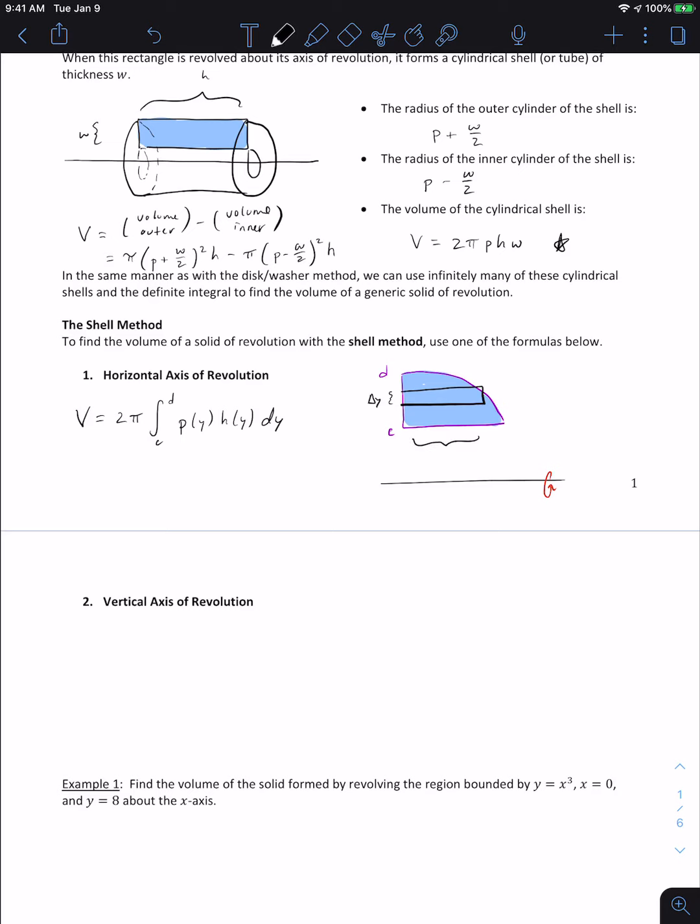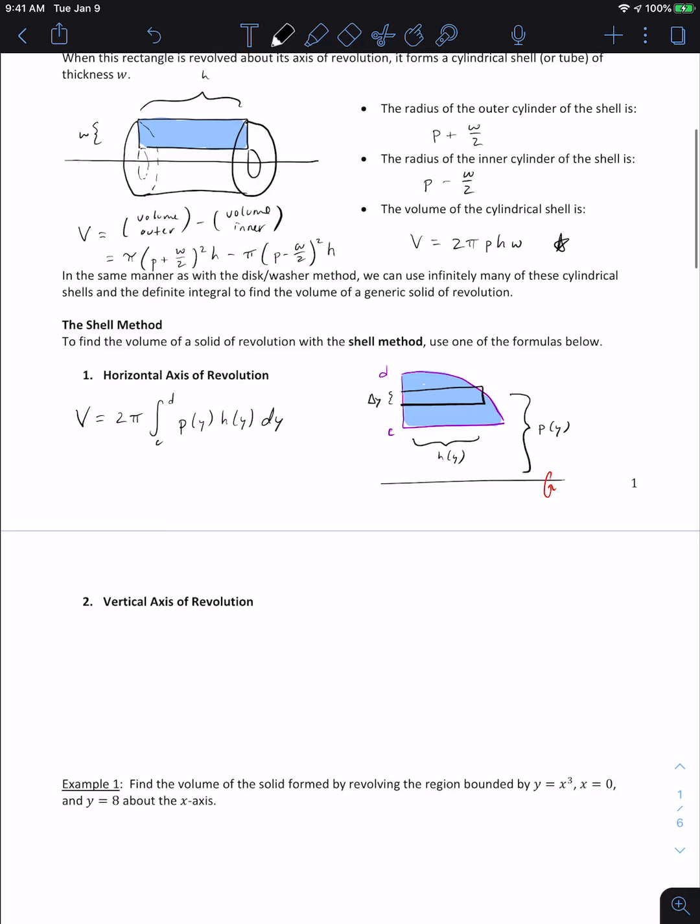This distance right here is h of y, right? That's the height of my rectangle. And this distance from the center of my rectangle to the axis of revolution, remember, is my p of y, right? So it's a little bit awkward. I have a horizontal axis of revolution. Horizontal, we normally think of x's, but actually in this case, the horizontal axis of revolution means that we integrate with respect to y.